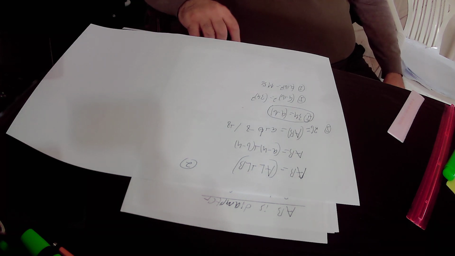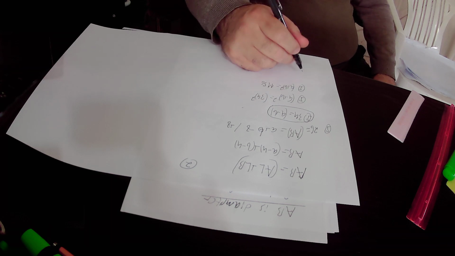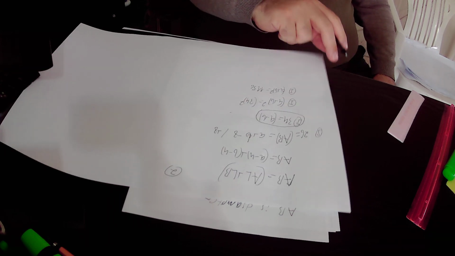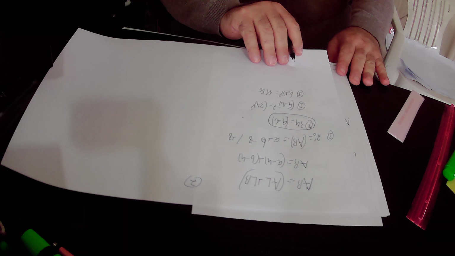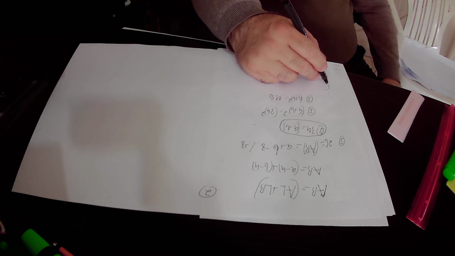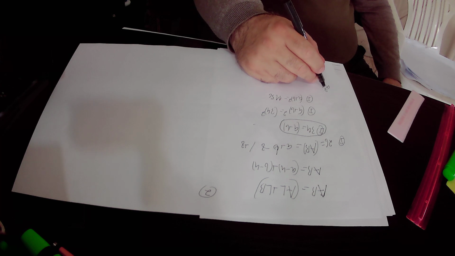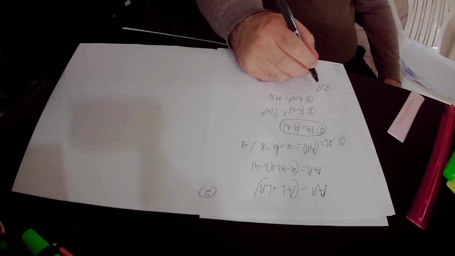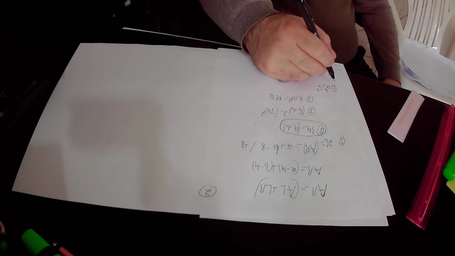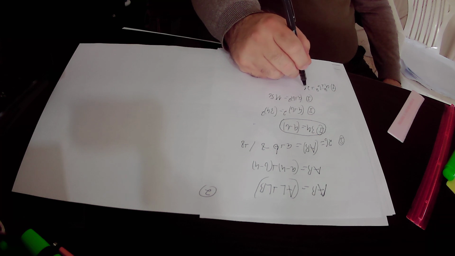Here we'll open the brackets on this side of equation number 1, and we get that A plus B squared equals A squared plus B squared plus 2 times AB.